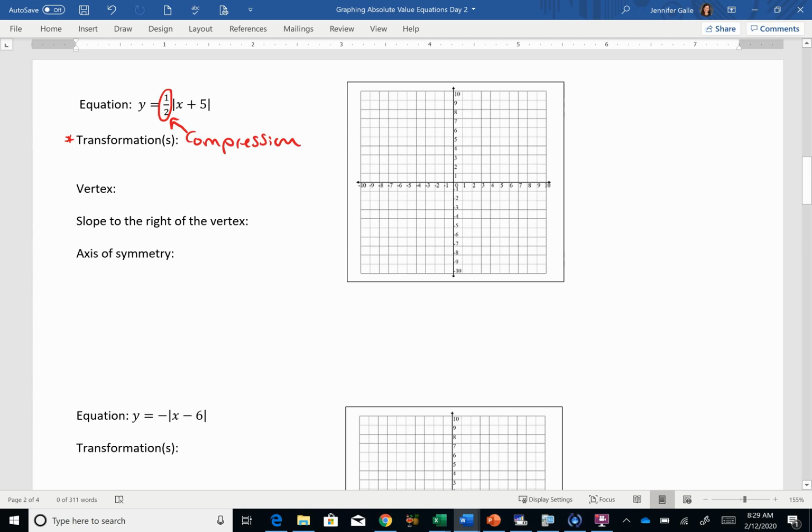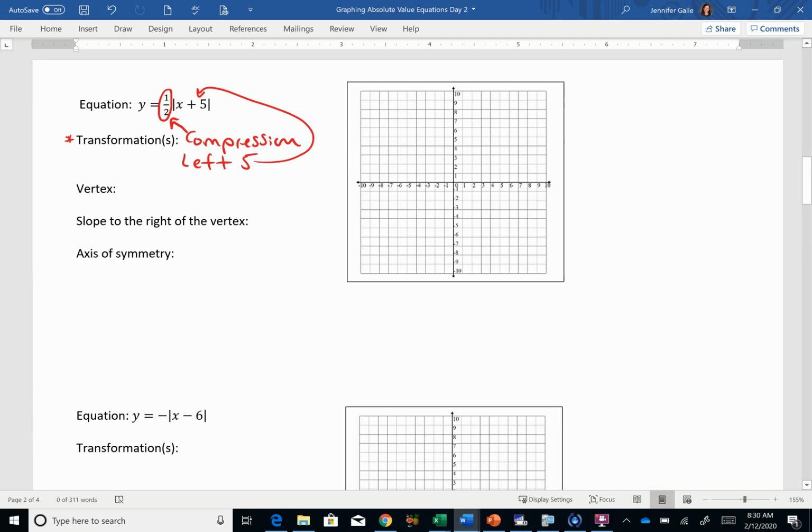And then inside the absolute value bars, we're adding 5. Remember, we have to think opposite. I know we see a plus 5, but it really goes to the left 5. And I just like to draw the little arrows so you know what part of the equation is causing that transformation to happen.